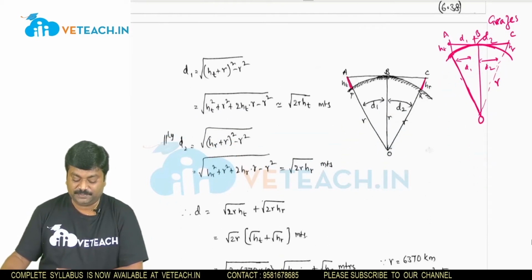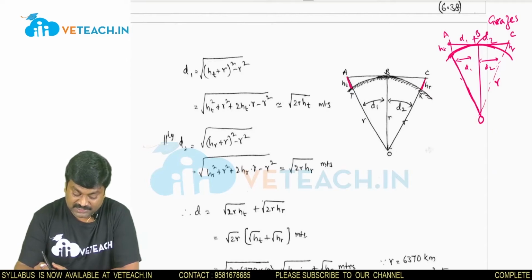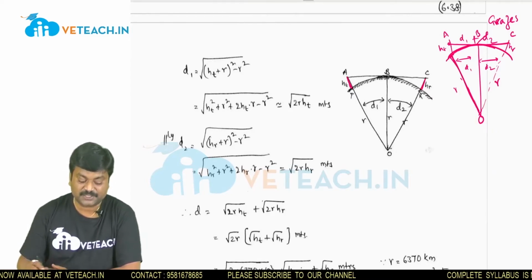In what way can it be designed? I know this particular distance d1, I know this particular distance r. What will be the hypotenuse?